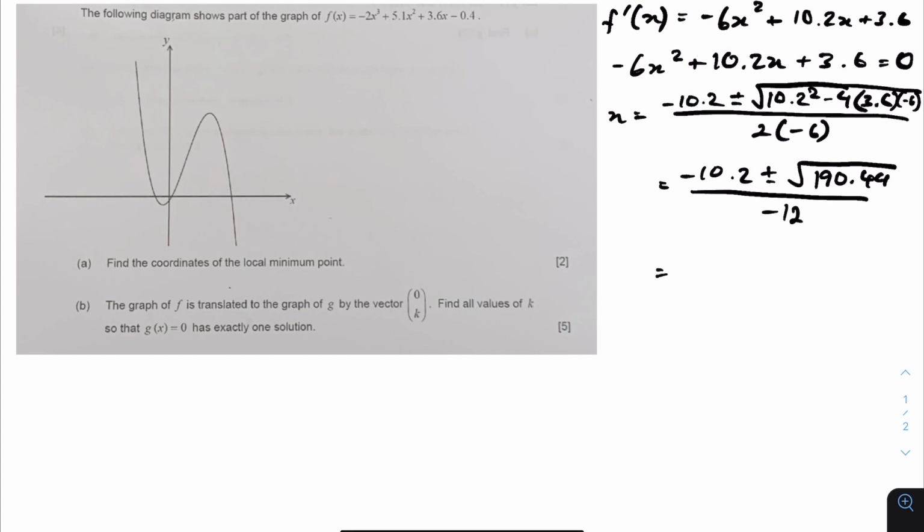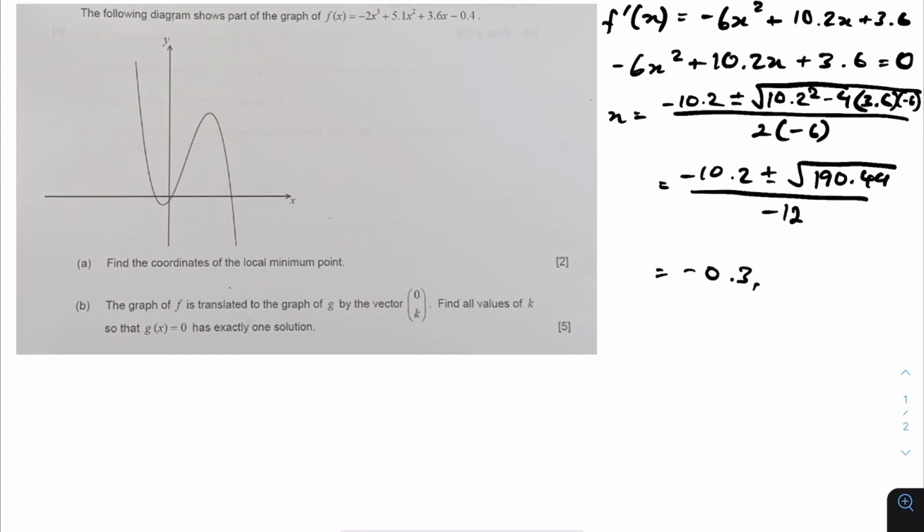And if we just put this into our calculator, for the positive answer, when this here is positive, the answer is plus square root of 190.44 divided by negative 12. Well, this is actually the negative answer, sorry, because this one's negative. So the answer is negative 0.3.